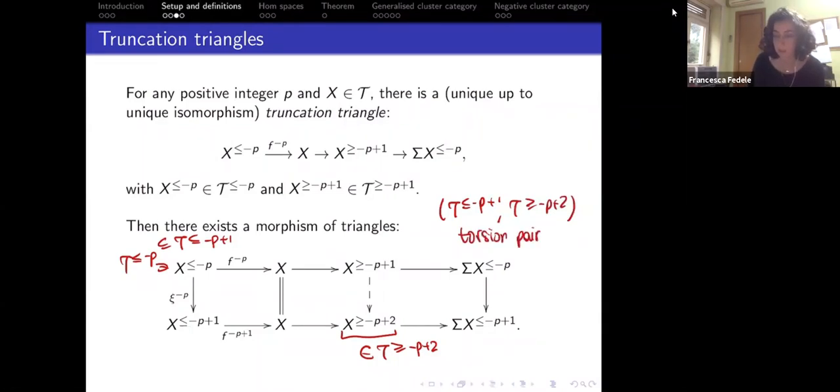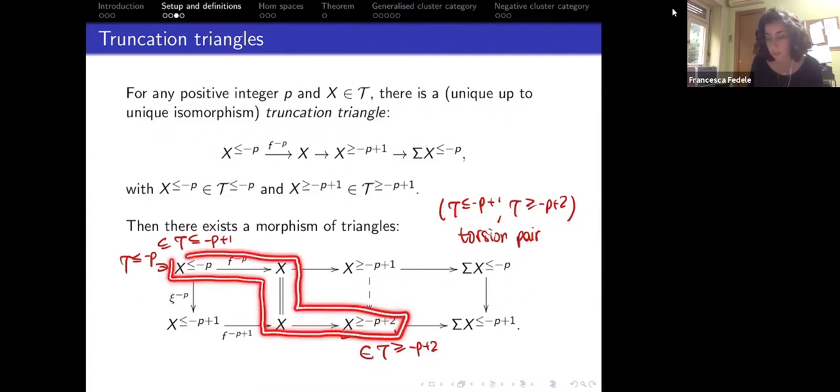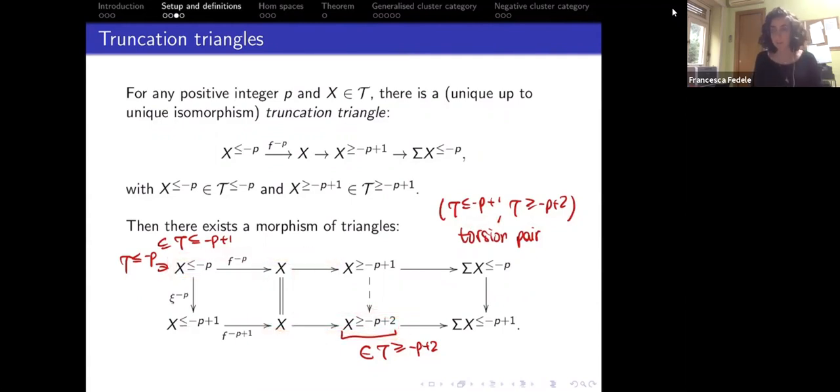That means there are no non-zero morphisms from anything in the first half to anything in the second half. So in particular, this composition is 0.